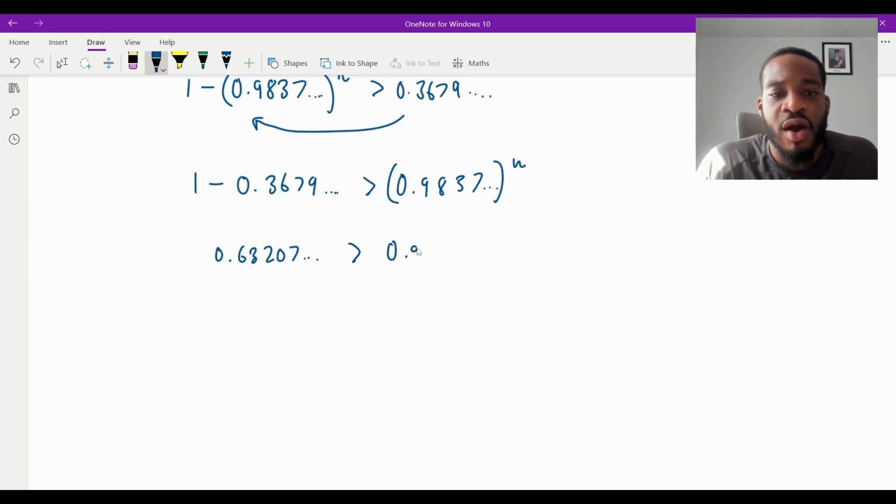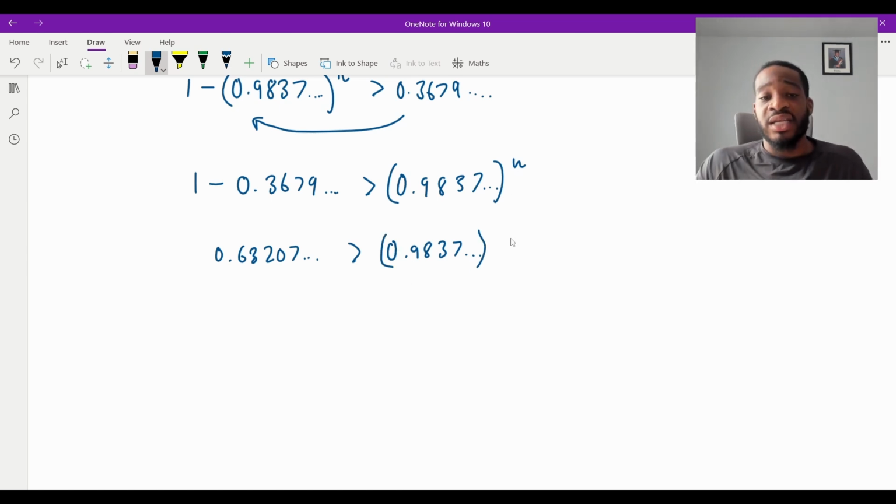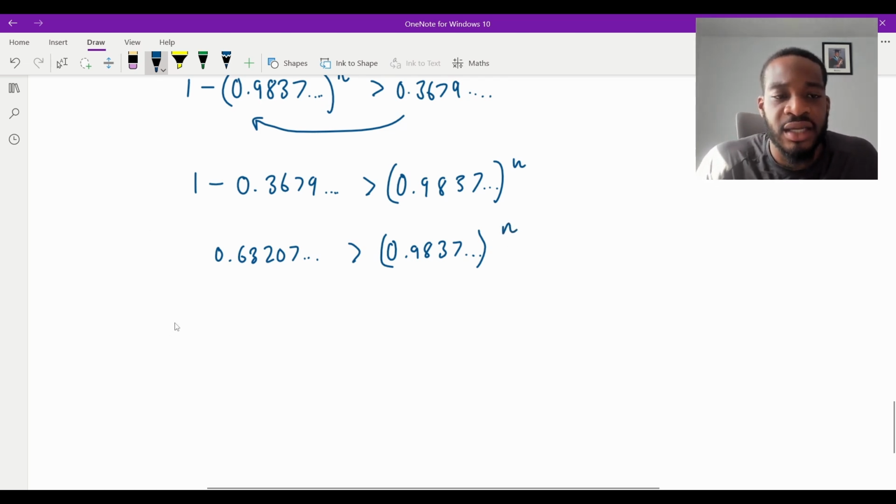Now we're trying to figure out what n is. It's a power. So how do we get that power? We need to take logs, don't we? So I'm going to take natural logs, ln of both sides.